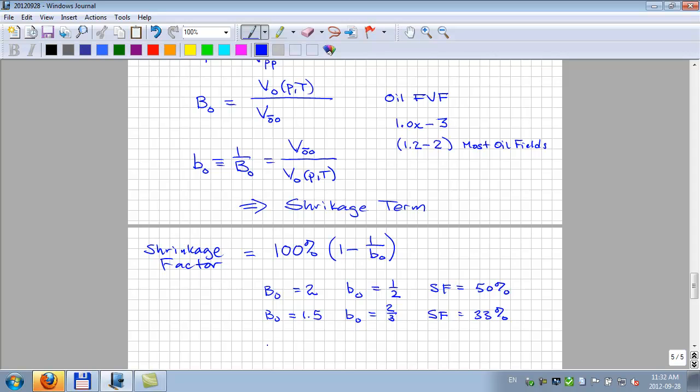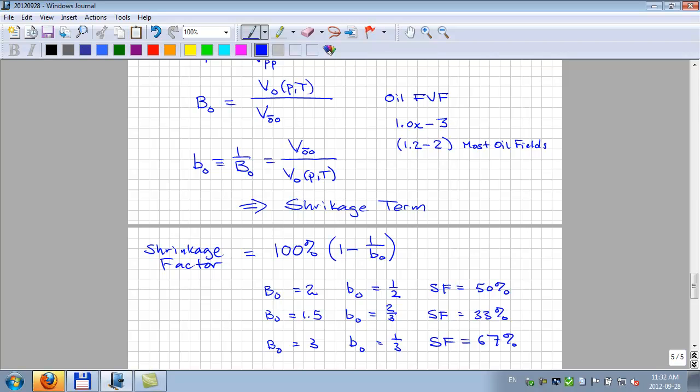And at the other extreme, if it goes as high as 3, then little bo is 1/3, and this is about as big as it gets. You start with 1 cubic meter, and it shrinks by 67% down to 0.33 cubic meters. That's a hell of a lot of shrinkage.